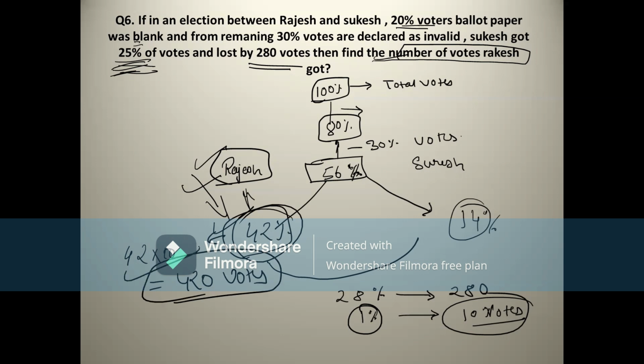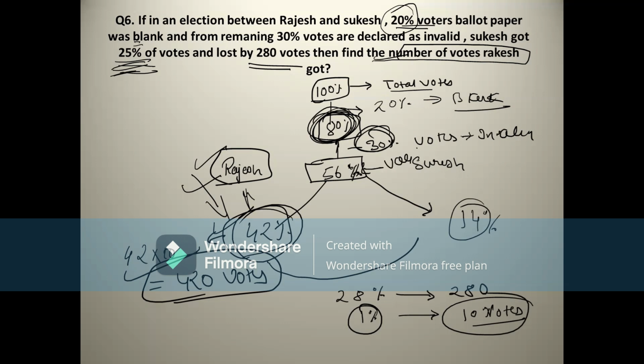Getting my point? See, they first told you that 20% of the ballots were blank. The total number of votes is 100%, and 20% is removed, so 80% remains. From this 80%, 30% of the votes are invalid, so the valid votes are 56%.